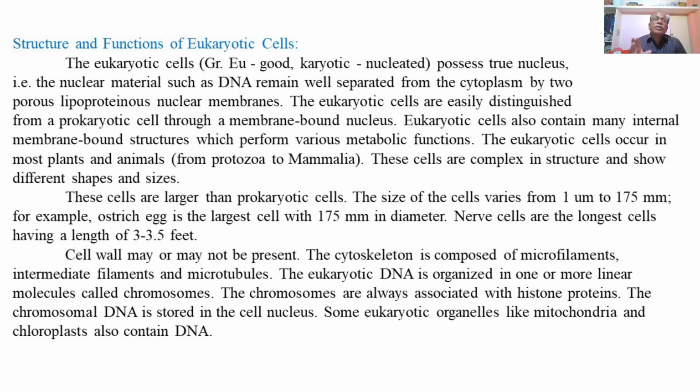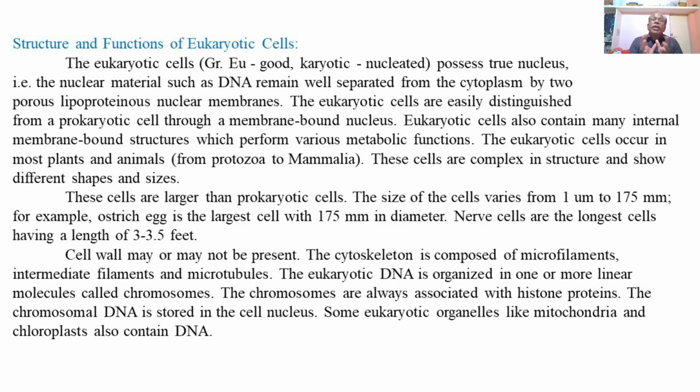Simply we can say that eukaryotic cells have a true nucleus present in the cytoplasm, separating the nuclear material in the form of chromosomes from the cytoplasm due to the presence of a definite nuclear membrane enclosing the nuclear components, the chromosomes or the DNA material, or a nucleoplasm, which will remain separated from the cytoplasm.